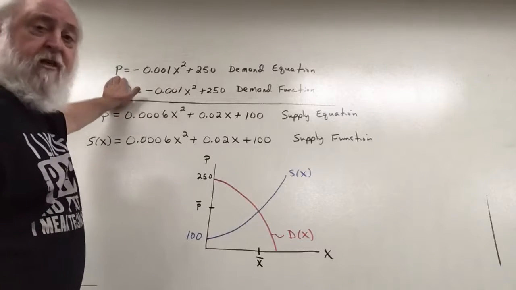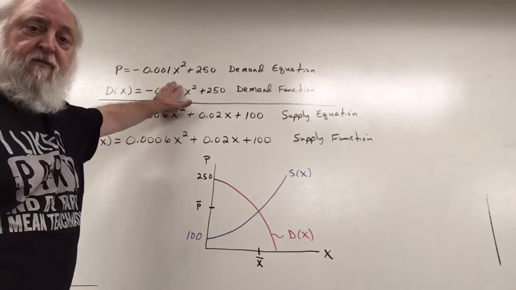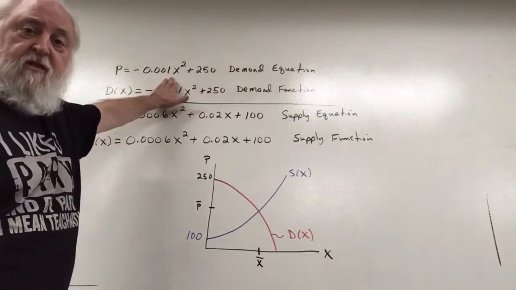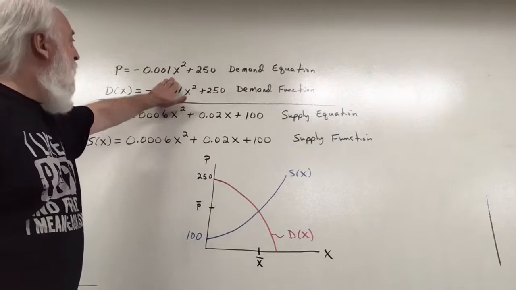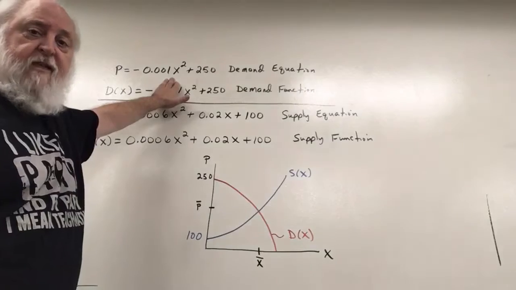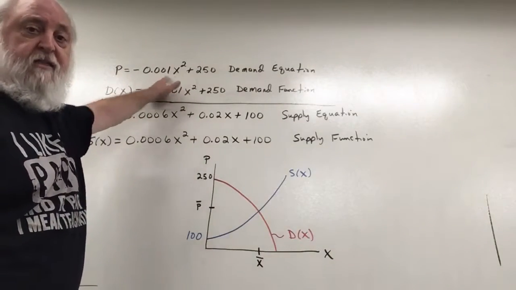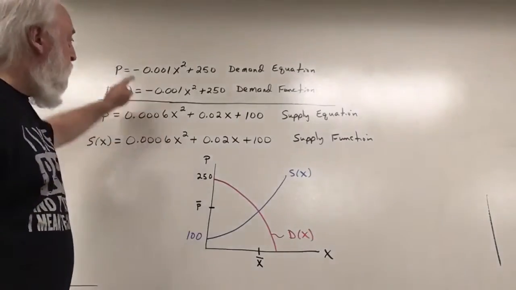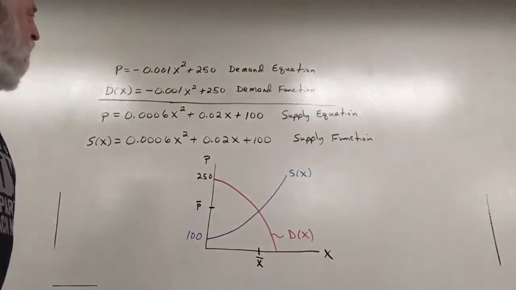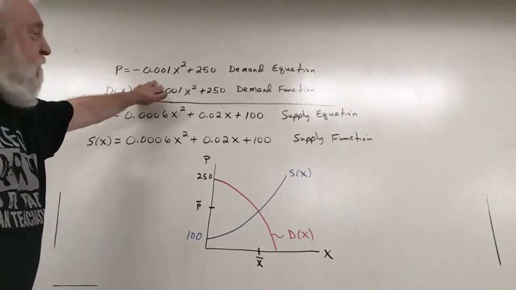It gives a relationship between the price charged and the quantity demanded by its customers for a product. And X is usually in thousands. To determine the price a company can charge to sell exactly 5,000 units, we put in 5 for X, and when we do the arithmetic, we get the price the company can charge customers. Well, P is a function of X, right? Meets the definition of a function.